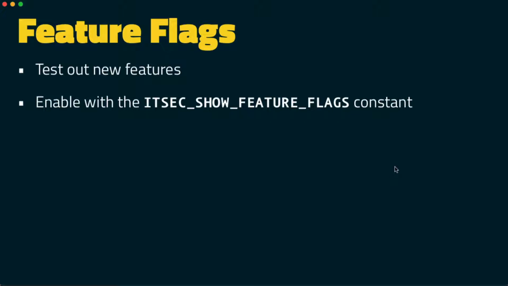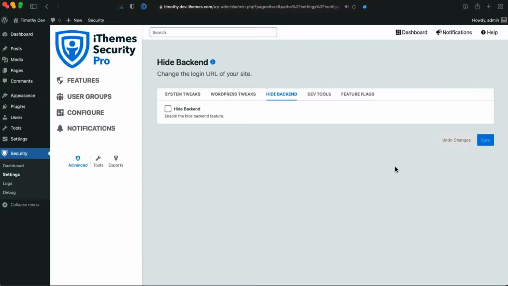You enable it with the ITSEC show feature flags constant, which you set in your WP config file. When you do that, on the right there's a tab that says feature flags. I took a screenshot of the hide backend settings, but you'll see a feature flags page there with a list of experimental features that you can enable.